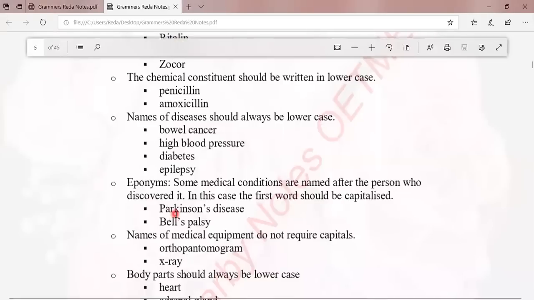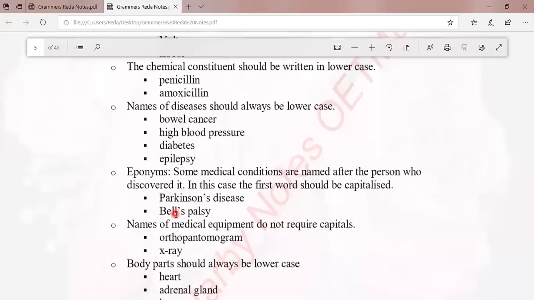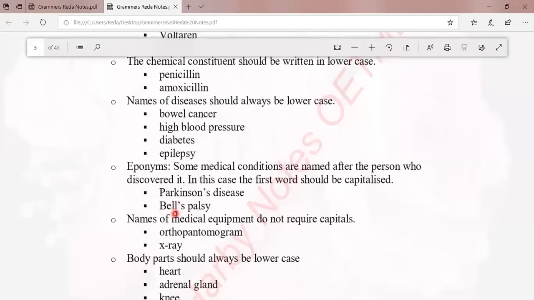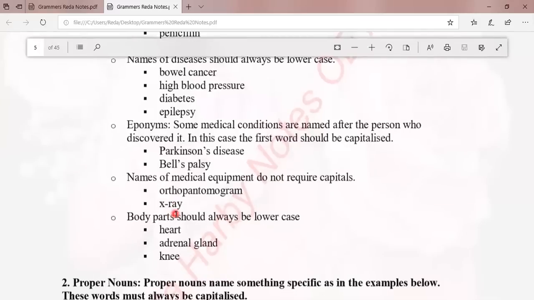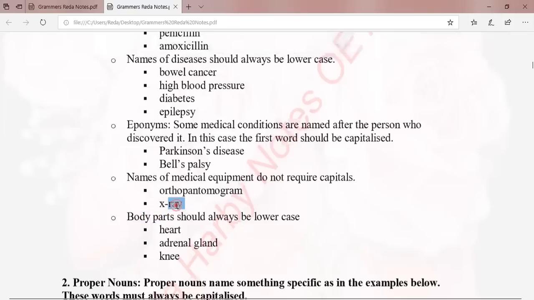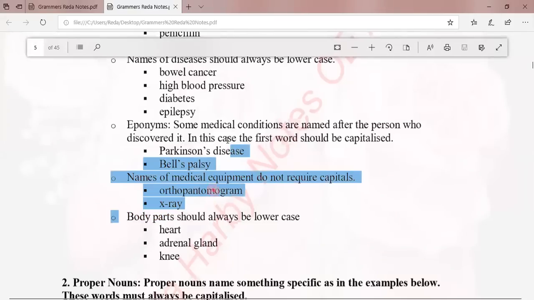Crohn's disease, Parkinson's disease, Bell's palsy, Down syndrome, all of these should be capitalized because these medical conditions are named after the person who discovered them. Investigations should be written in small letters, like orthopantogram, but X-ray is an exception.